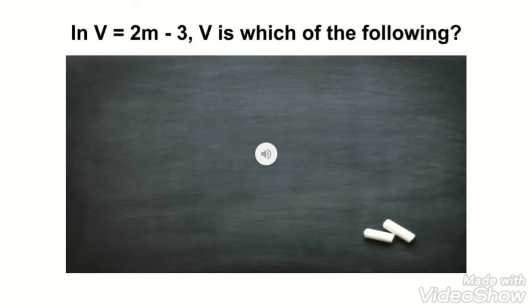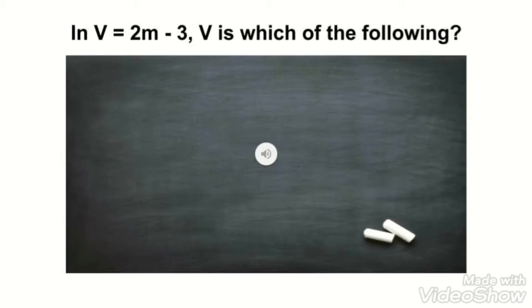What is -3? -3 is a constant. What is 2m? The term 2m by itself would be considered a coefficient. 2 is the coefficient. M is a variable. What kind of variable? It is an independent variable. So now we're talking independent variables and dependent variables.